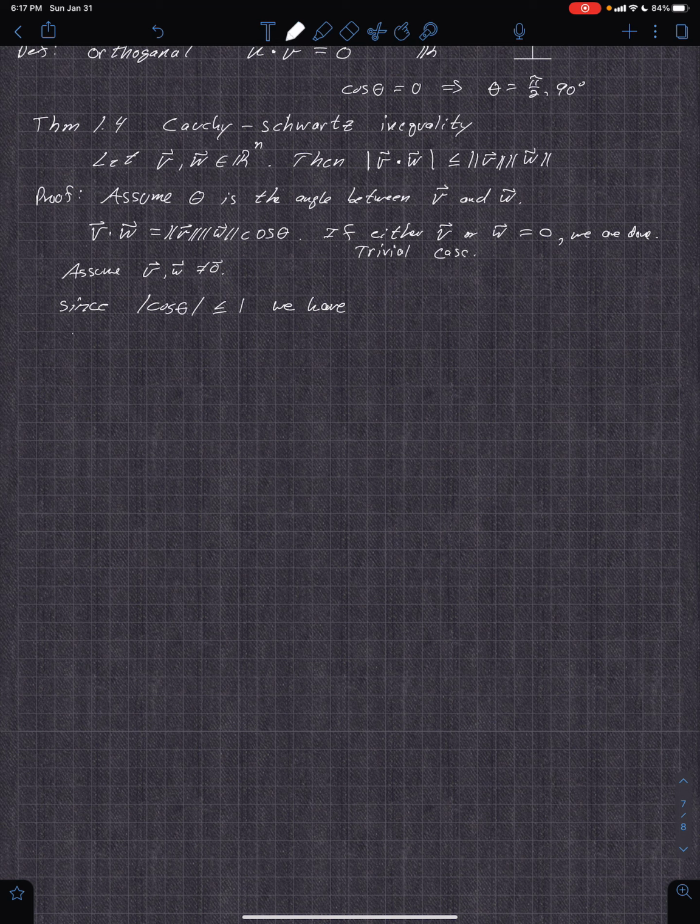So we have the absolute value of V dot W, which is equal to magnitude V, magnitude W, cosine theta.